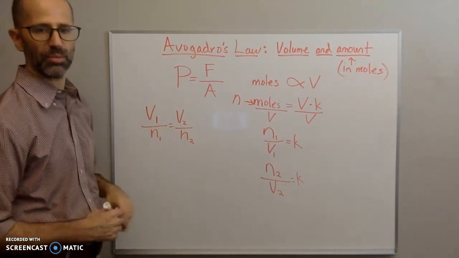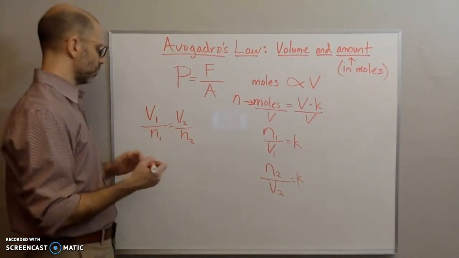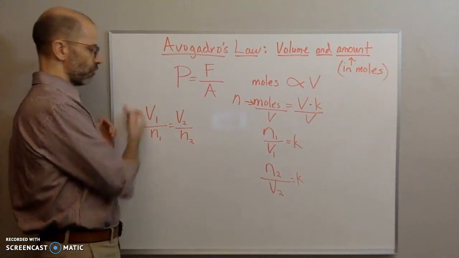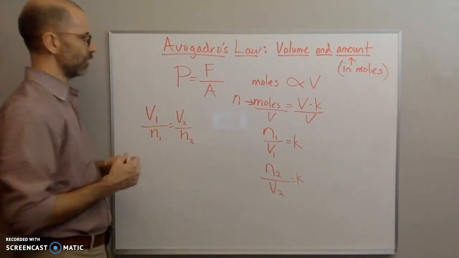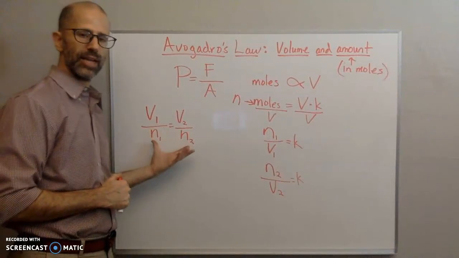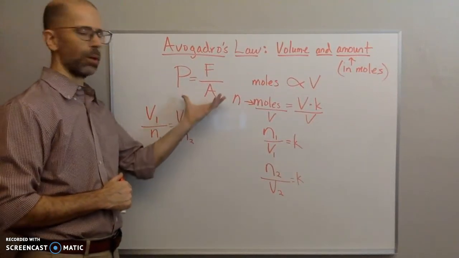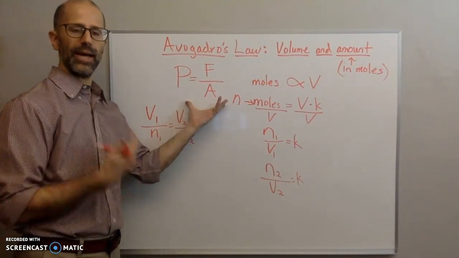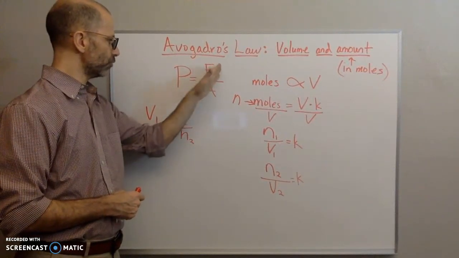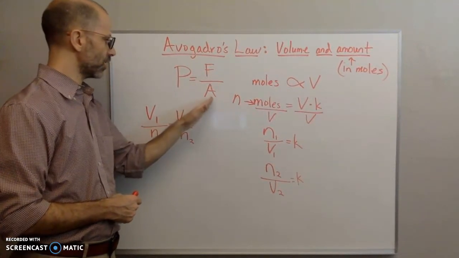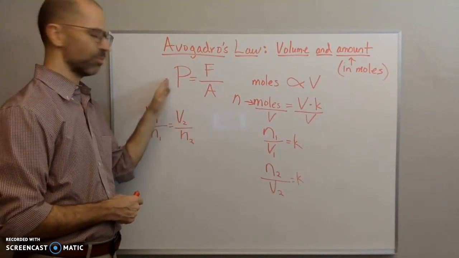It's still the same law. I put it in this form for a reason, and you'll see that later. But this is Avogadro's law, and we can understand it by going back to what's going on at the molecular level and looking at force, volume, surface area and pressure.